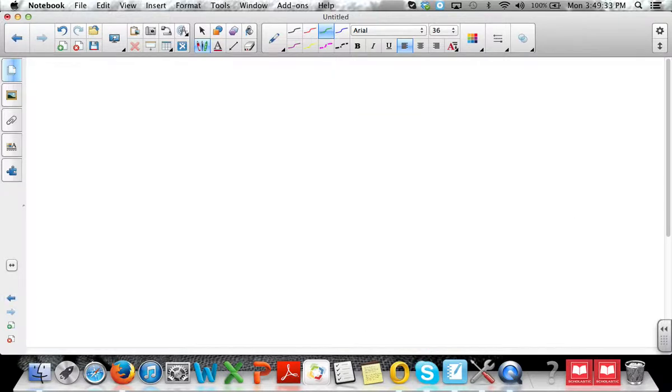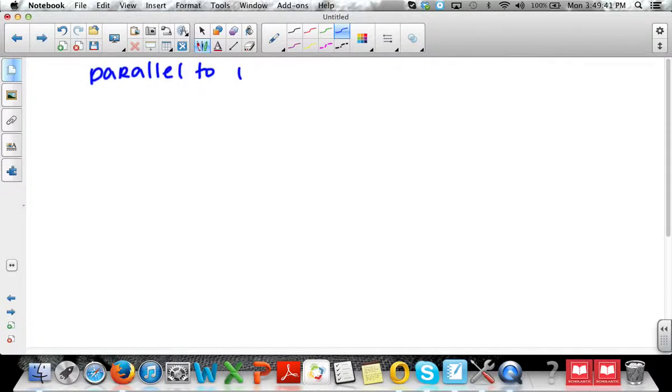Let's have some negatives this time. So it will be parallel to y equals negative 3x plus 2. And we'll say it goes through, say, (negative 1, 2). So I'm going to come over here and identify.